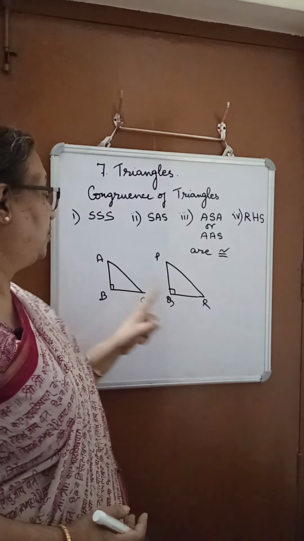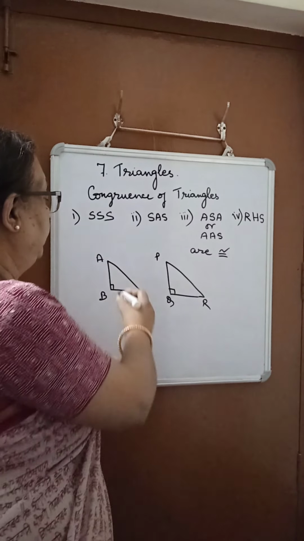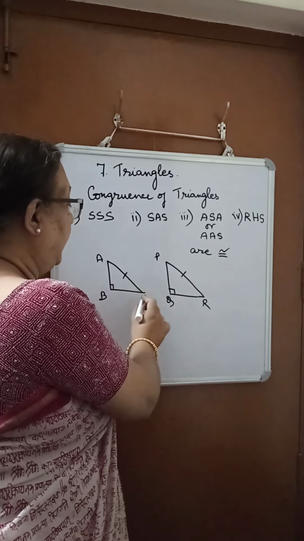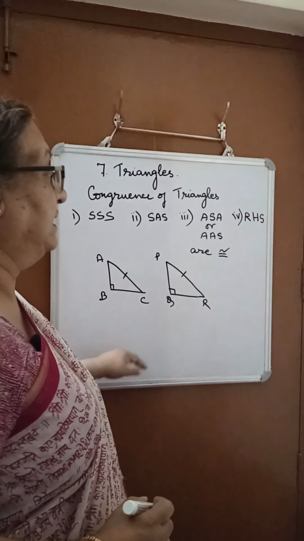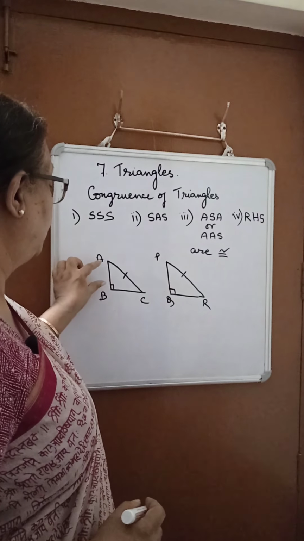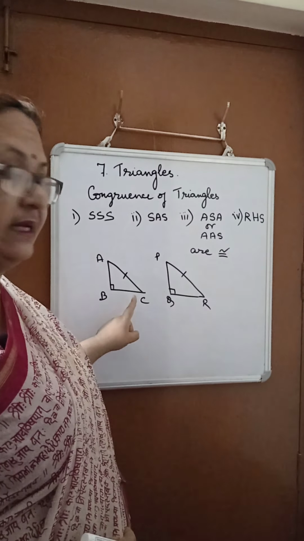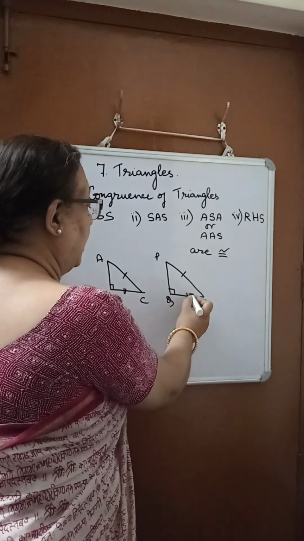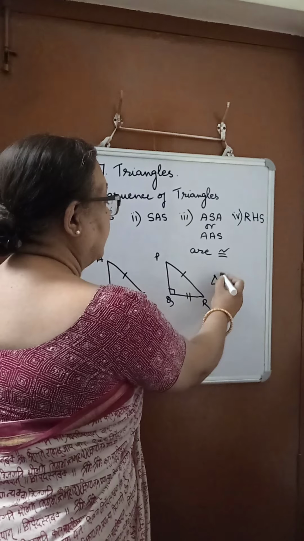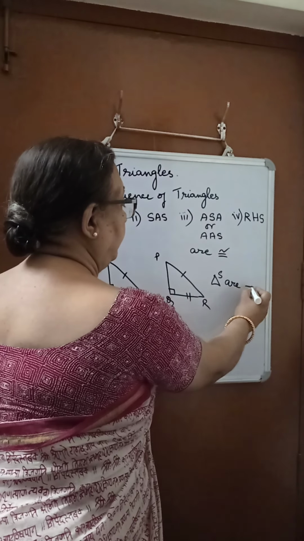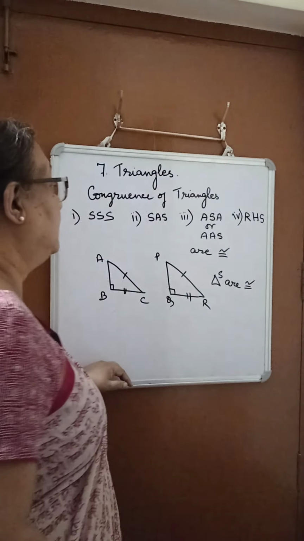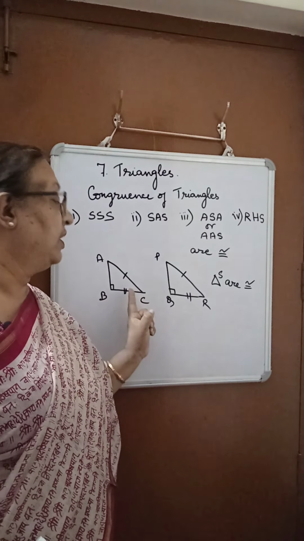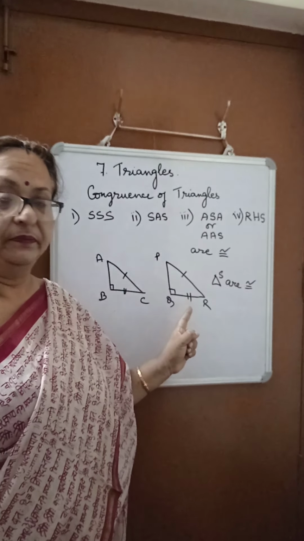H, hypotenuse. Which one is the hypotenuse? AC. And which is the hypotenuse here? PR. If AC is equal to PR and any one side, suppose this BC is equal to QR, then the two triangles are congruent. This is RHS rule, applicable only for right angled triangles.